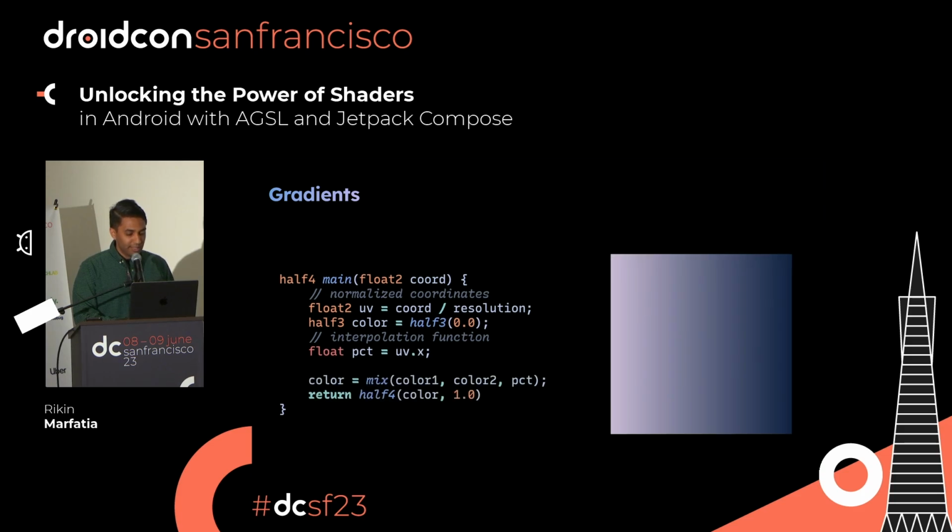And then all that's left to do is to actually create our color. We're doing this with one of the built-in functions called mix, which allows you to interpolate between two values. I'm passing it the two colors that we want to use for our gradient, and then I'm passing in that interpolated value, and then we're just returning that color, and we have our linear gradient.